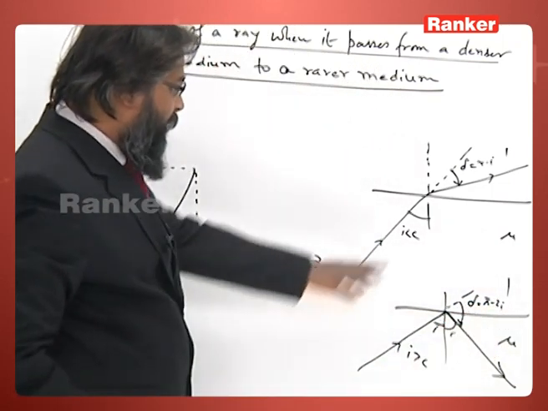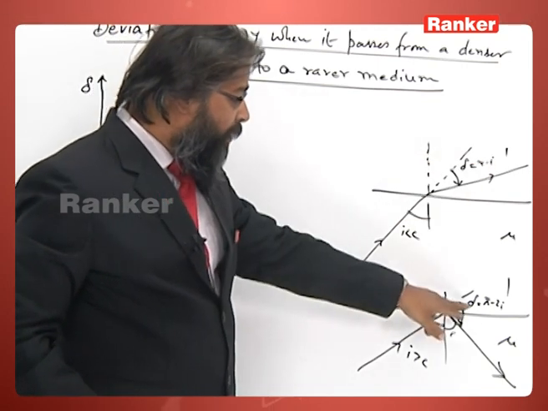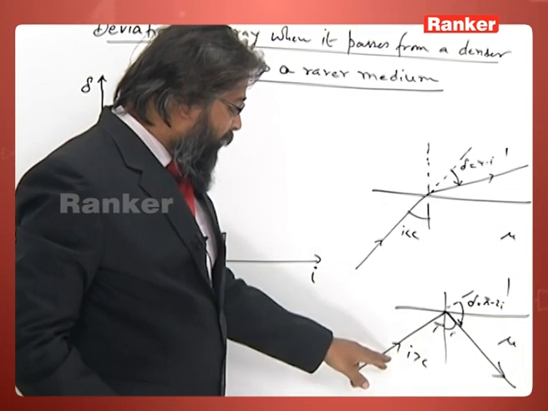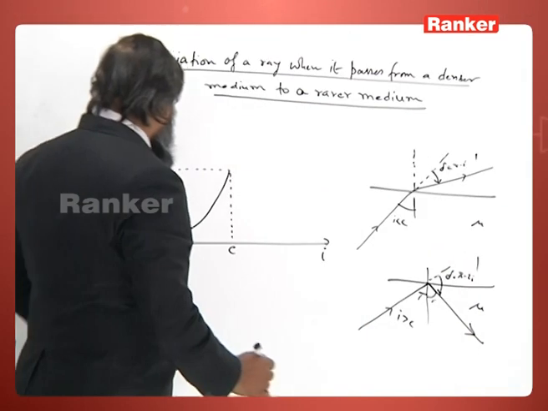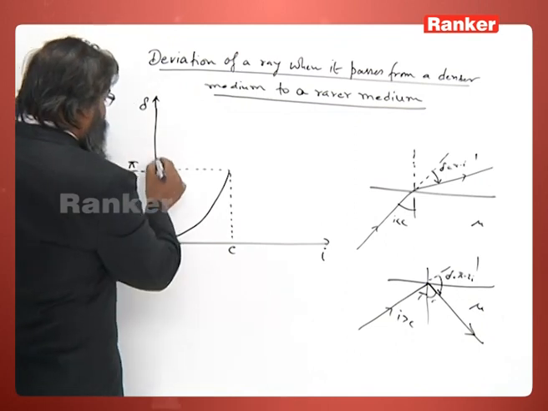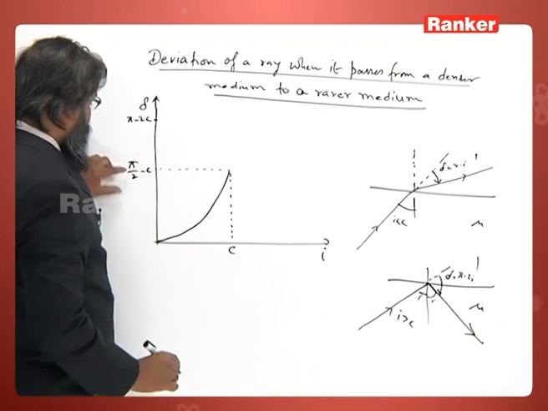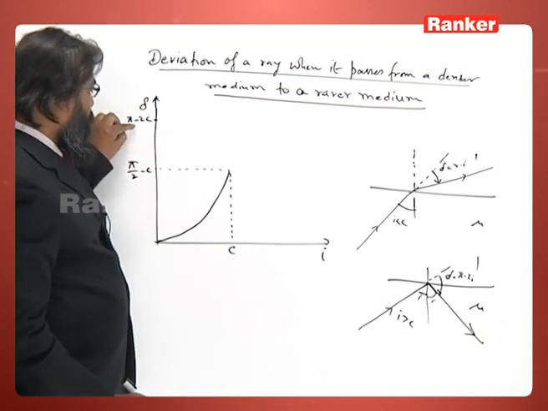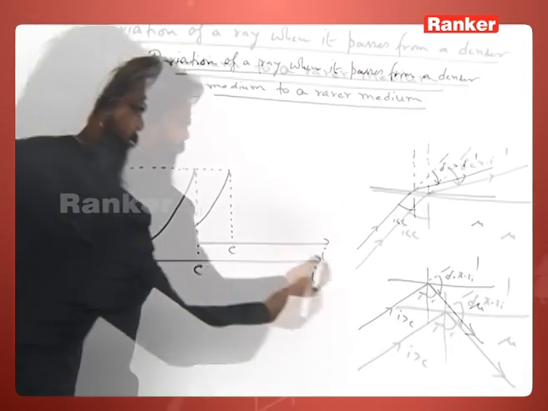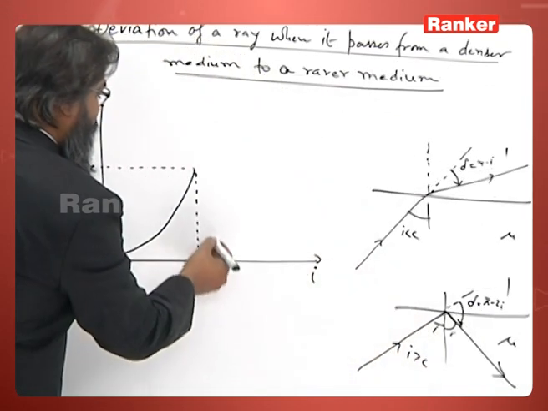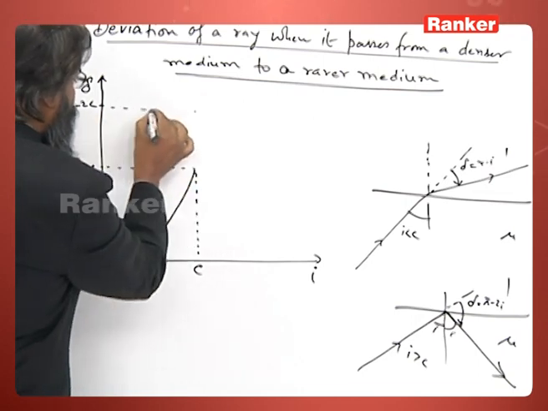Previously the function was deviation as R minus I, now it is pi minus 2I. When I is just greater than the critical angle, the deviation is pi minus 2C, which is double of this. If I multiply this by 2, we will get pi minus 2C. So just when I is greater than C, the deviation again comes to this place.